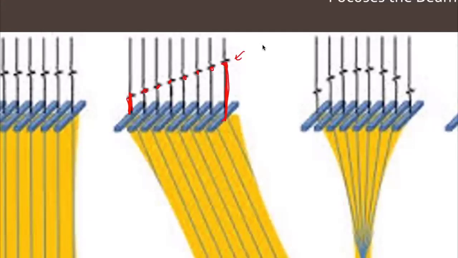When you look at the pattern of electrical spikes, it's in a sloped pattern, not curved, a sloped pattern. So look what it does: it pushes the beam into a direction. So it scans, sweeps, or steers the beam.